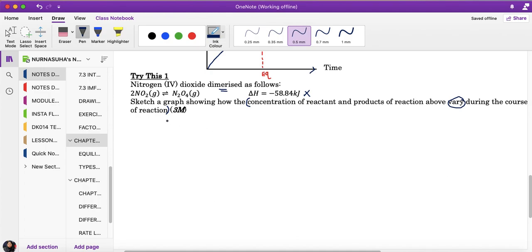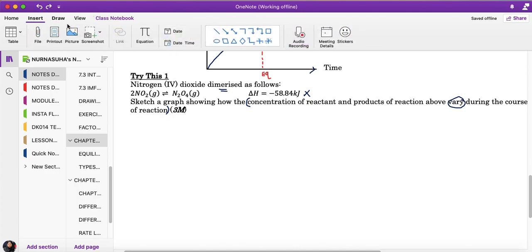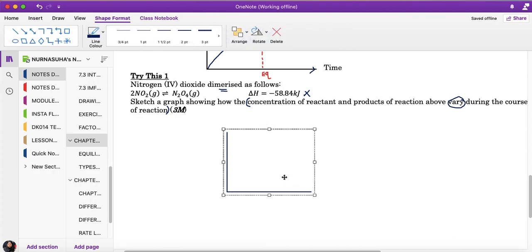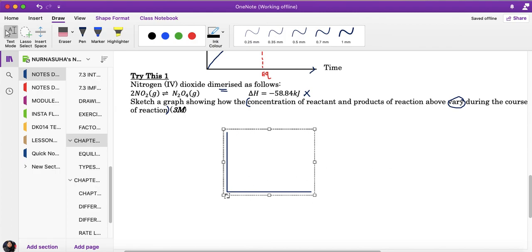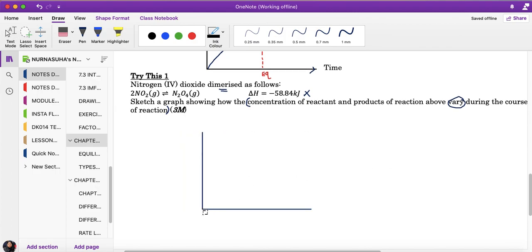Okay, first you need, obviously you need a x and y axis. Sekejap, I need to enlarge it.